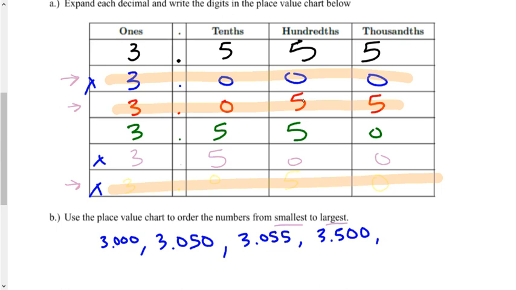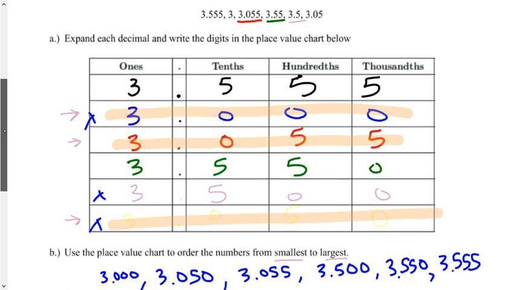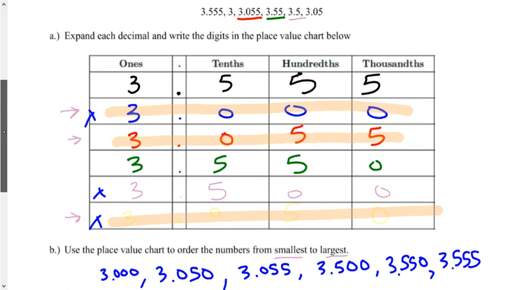Okay, so that one was a 0. The black one and the green one both have 5s in them, so let's go over and compare those. Oh, this one has a 0, this one's smaller. So then we'll do 3.550. And then lastly, we have 3.555. So that's the order if we were going to write these out.